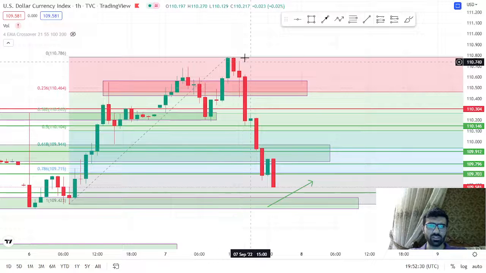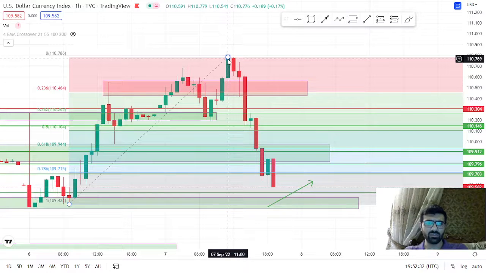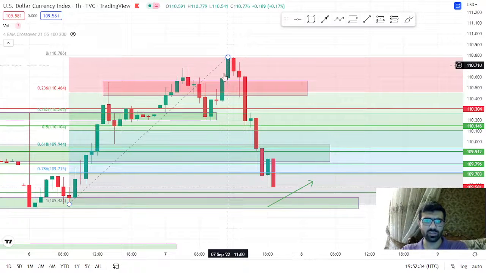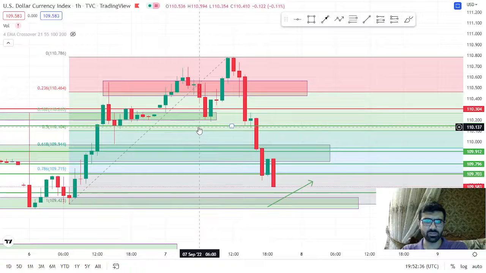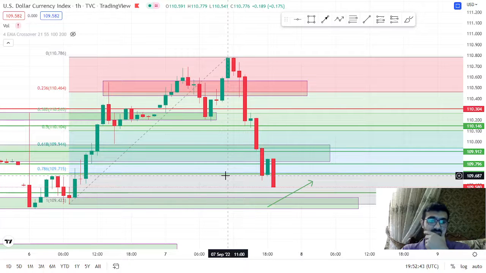You guys can clearly see that after this new high, the market has retraced both at 50% or rather more than 78%.